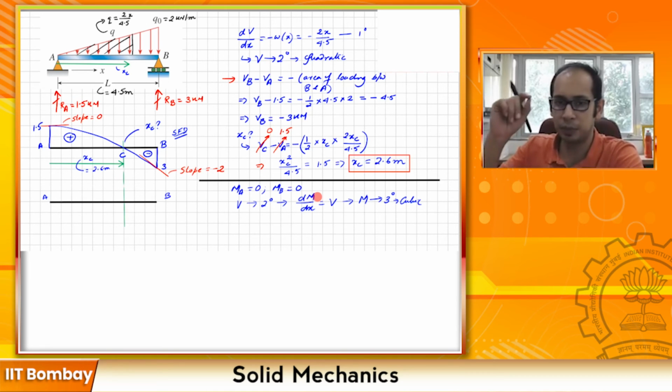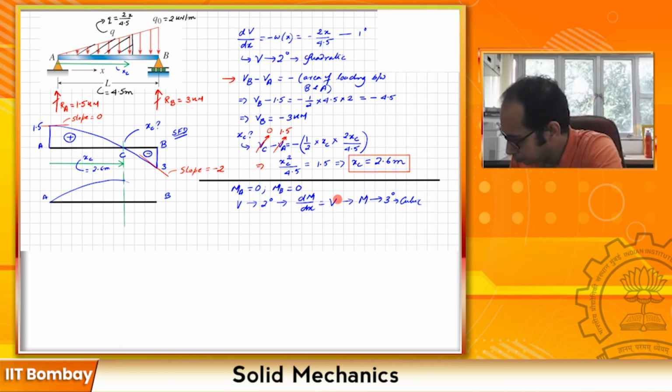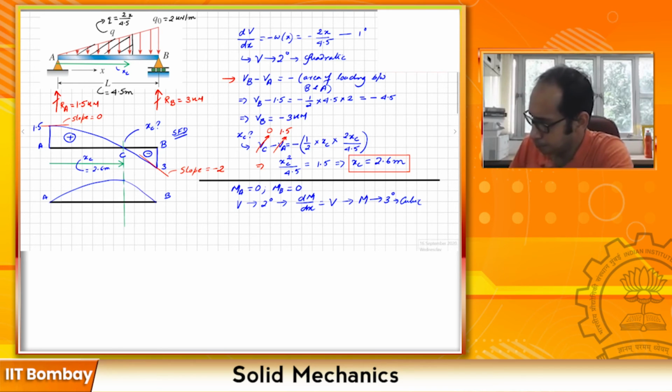It is going to have a maximum at C, 0 at A, and 0 at B, using a cubic variation. So the variation is going to be somewhat like this. At this particular point, you will have a 0 slope.